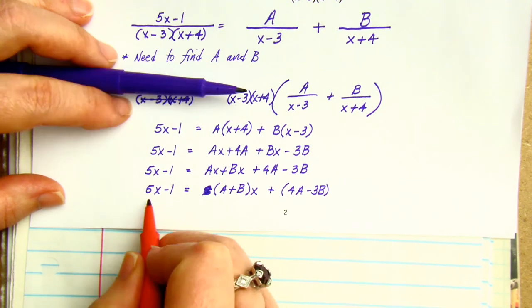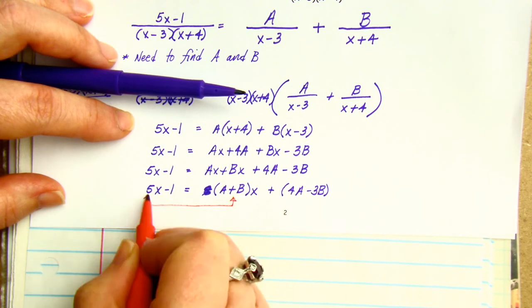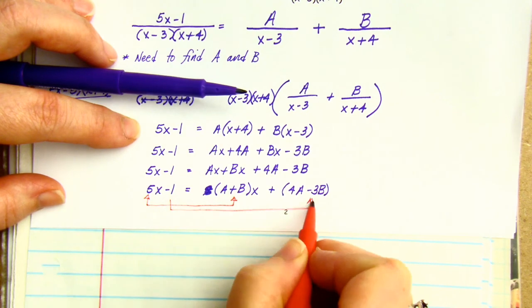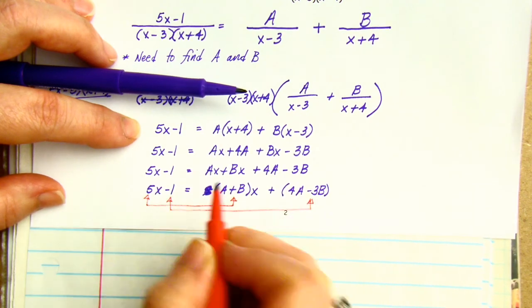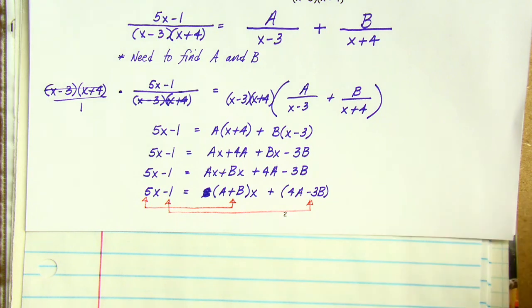Okay, so a plus b has to equal 5, and 4a minus 3b has to equal negative 1. This is going to produce a system for us to solve.